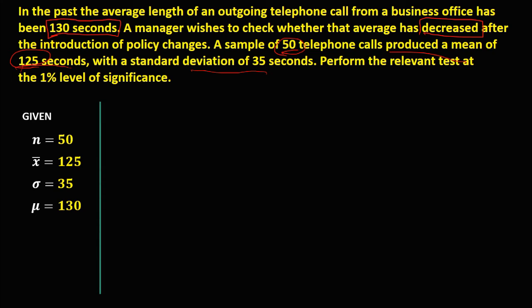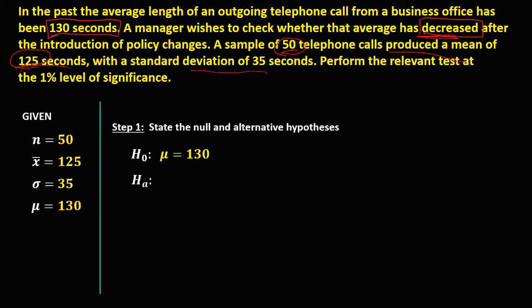To solve this one now using the steps in hypothesis testing, first we need to state the null and alternative hypothesis. For our null hypothesis, we assume that the hypothesis mean is equal to 130 seconds. Then for the alternative hypothesis, we need to test if the average decreased, or is less than 130, after the new policy.